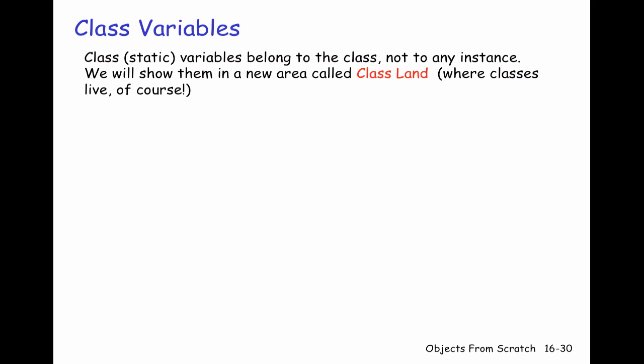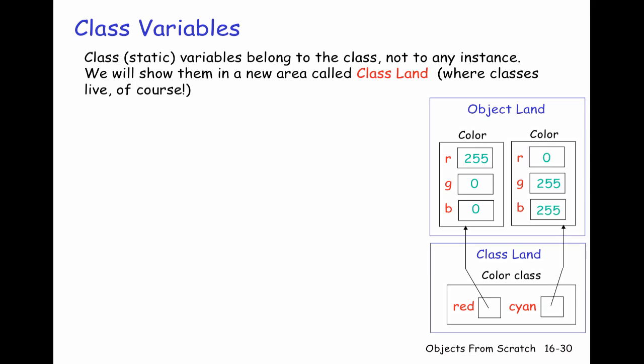And class variables live in a new kind of land that we haven't discussed before, which is class land. And you've seen class variables before. So for instance, when you say color.red or color.cyan, you are referring to variables that live in the color class. These are not things that live in a color instance object.